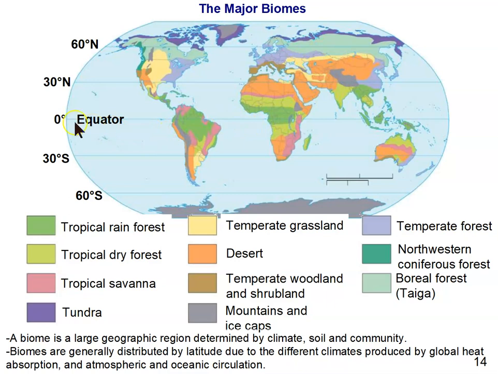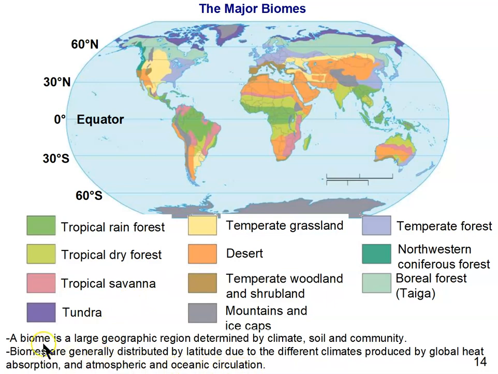And you know that latitude determines climate. So because it determines climate, there are different climates at different latitudes. We find different biomes at different latitudes because the biomes are determined by climate, which determines soil, which determines the community.